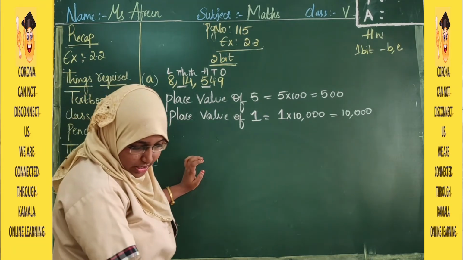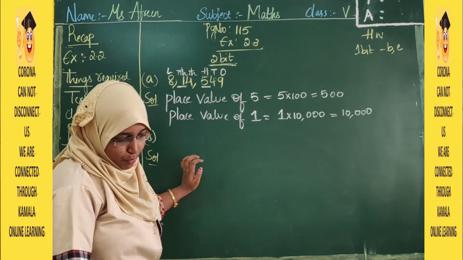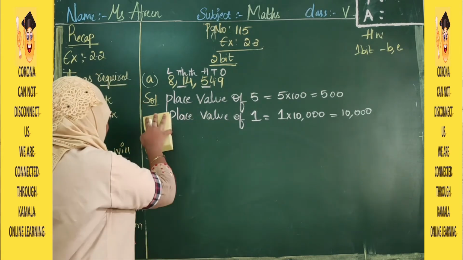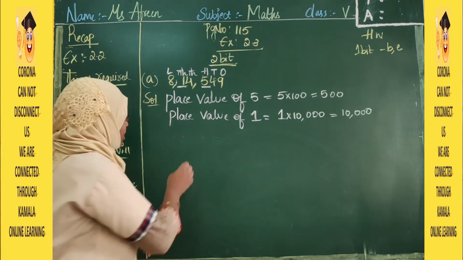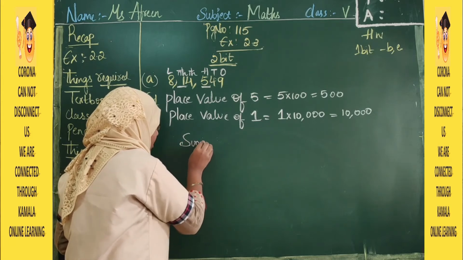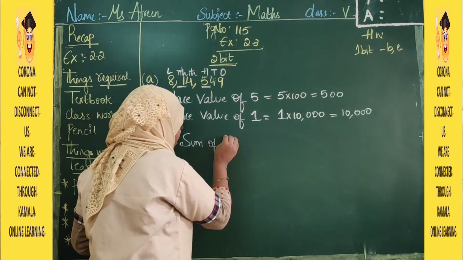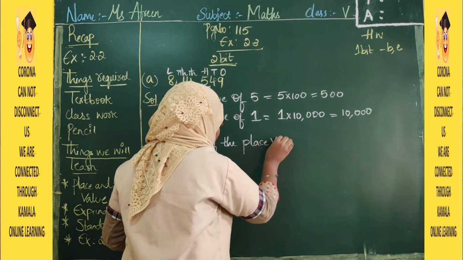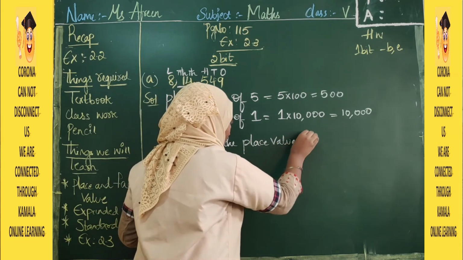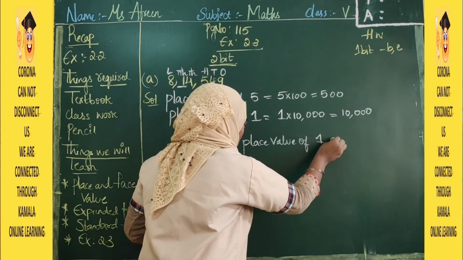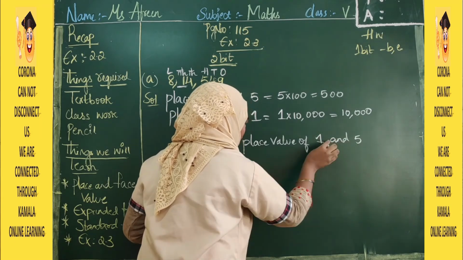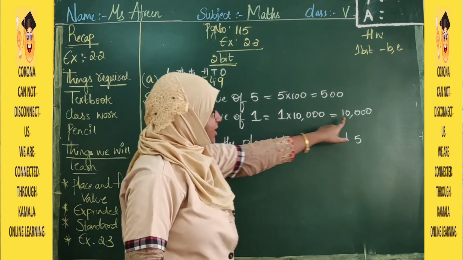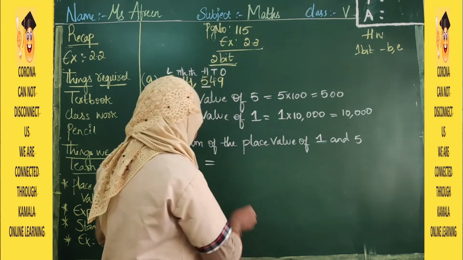Now what is the next step? What they are asking? Also write the sum of the place values. Now we have to write the sum, means we will do the addition. Now sum of place values of 1 and 5. Now what is here? It is 10,000. This is 500.